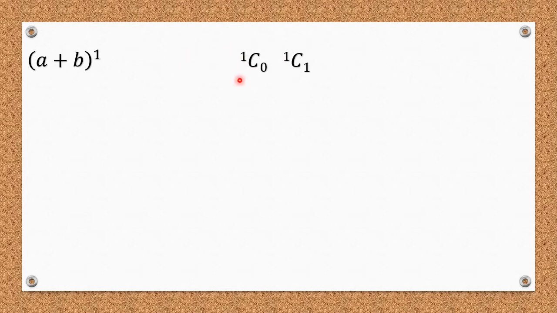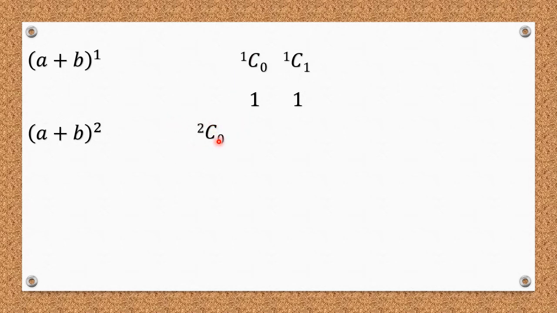So if we take 1C0, it is 1. And if I take 1C1, it is again 1. Ring a bell? Does it look similar to our first level of Pascal's triangle? If you are still confused, let's try with (a + b) squared. Because this is 2, now I can take 2C, and I start with 2C0.